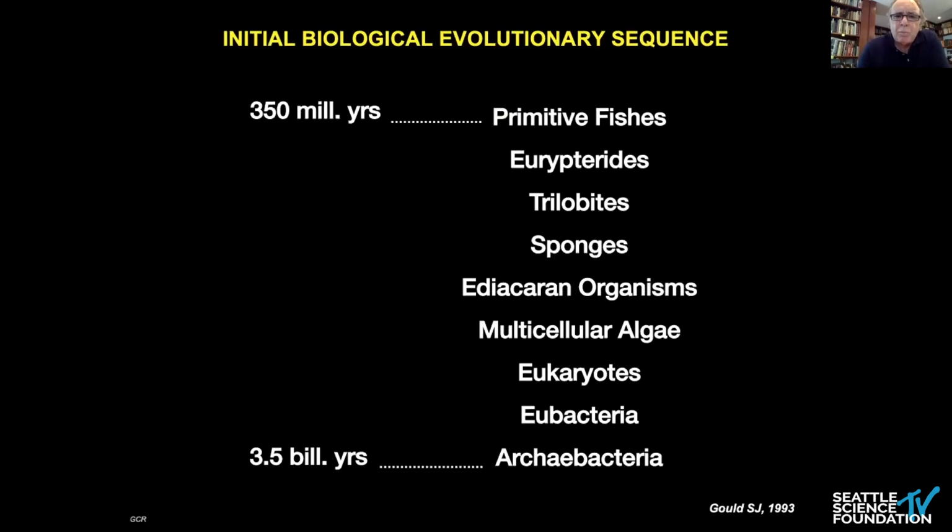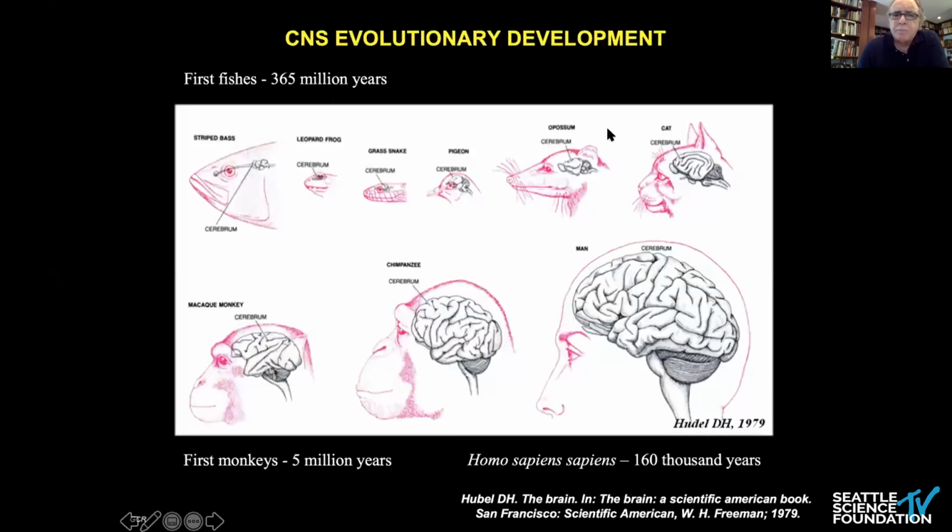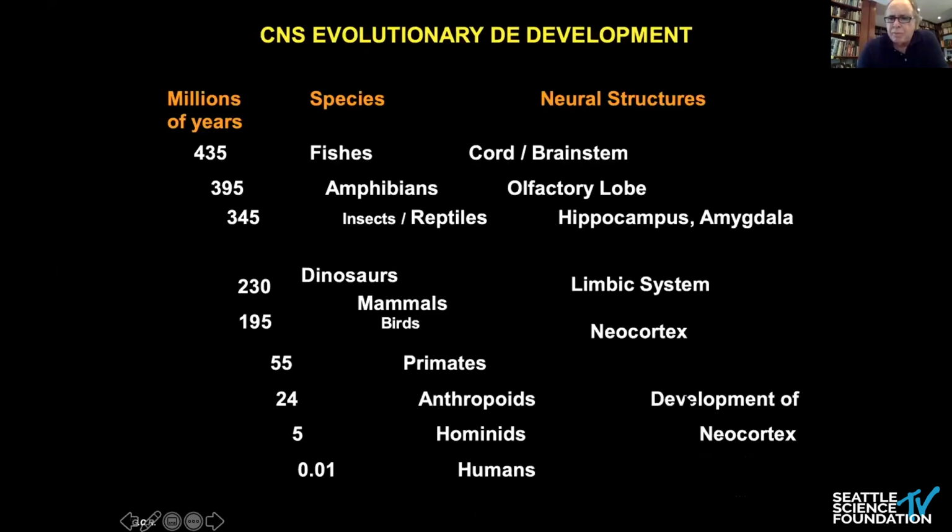And then it took almost 3 billion years for the first vertebrate to arise, which were these primitive fishes 400 million years ago. During all these last 400 million years, the CNS underwent an explosive development, until the emergence of man, of our humankind, only 160,000 years ago.